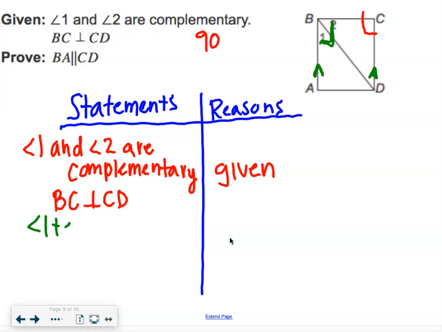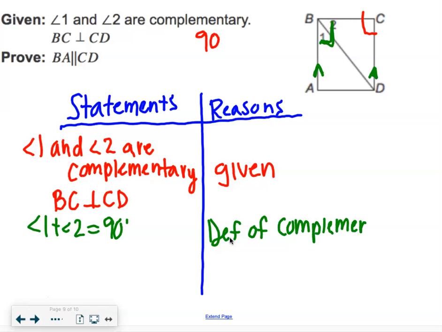Angle 1 plus angle 2. Yep. Okay. So now from here, what do you guys think? Now we know that angle B equals 90. Yep, because that's made up of angle 1 and 2.